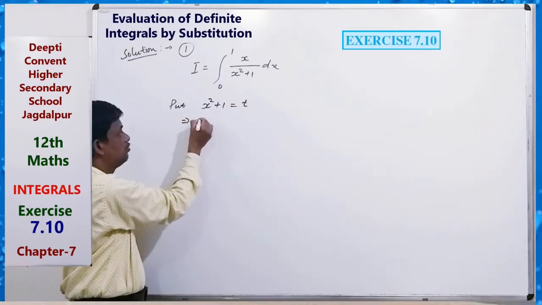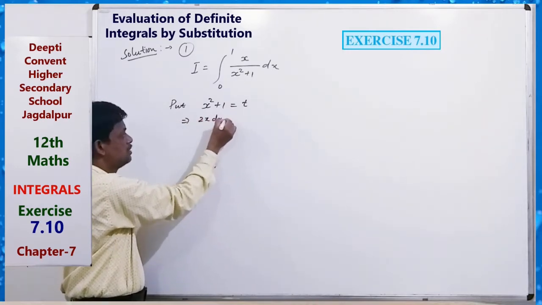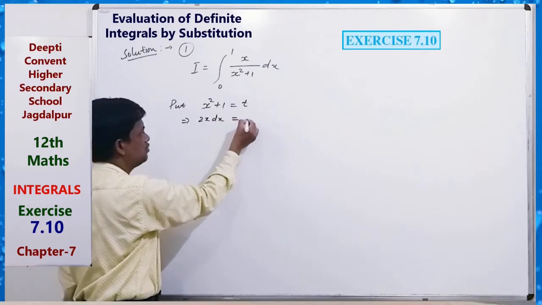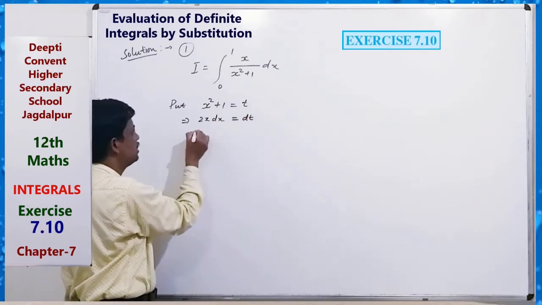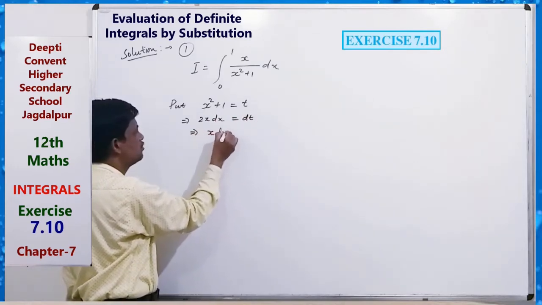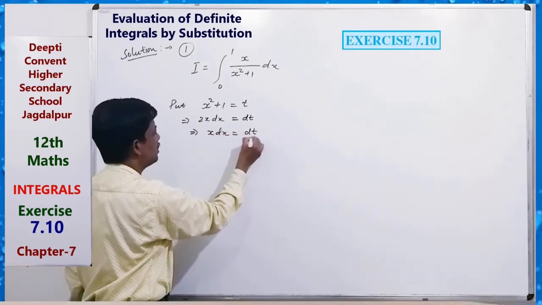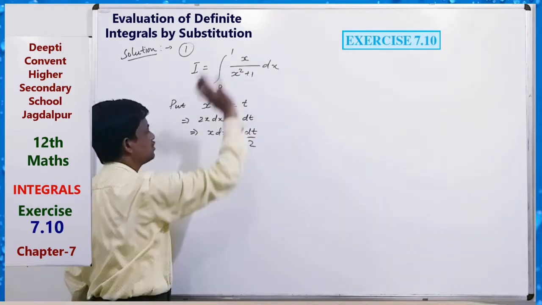Then 2x dx plus 0 equals dt. So x dx equals dt by 2.